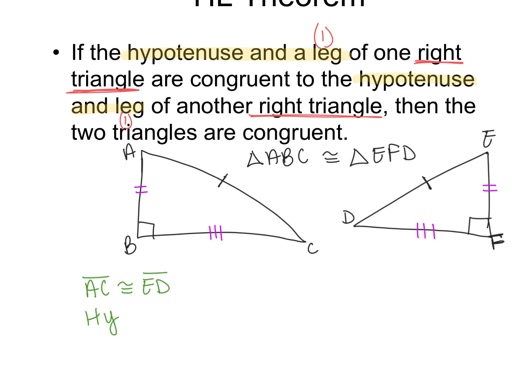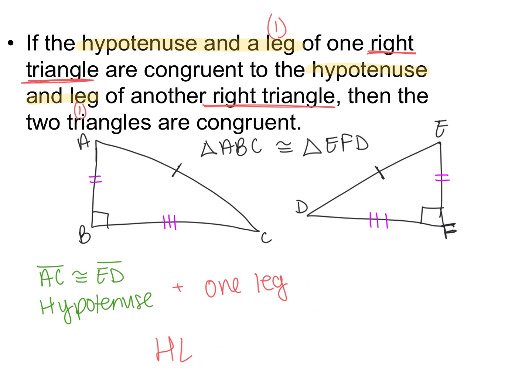Okay, this is my hypotenuse. And I only need one leg to prove that it's HL. So I have two legs, which is AB would be congruent to EF, or I can say BC is congruent to DF.